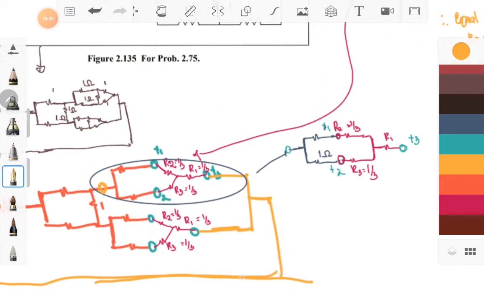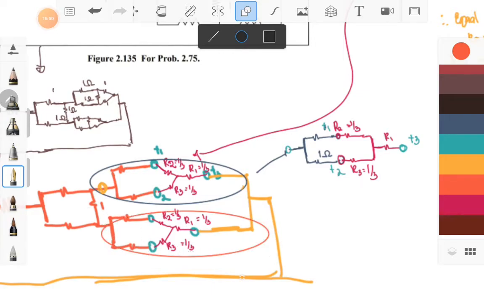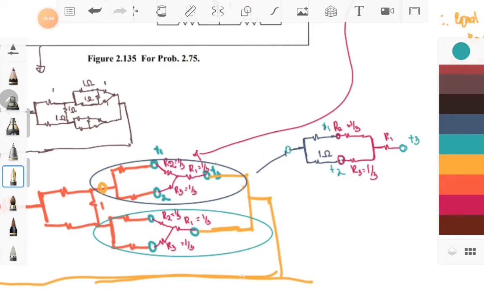Take note that this figure is the same with this figure. Okay? Parehas lang sila yan. So, whatever value we will get to upper figure will also be the value of this figure. Okay? So, let's start.